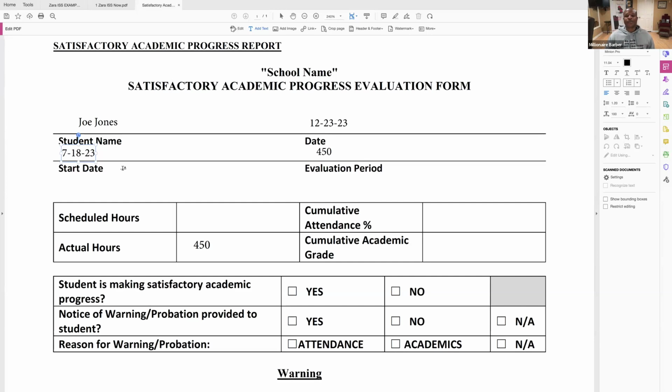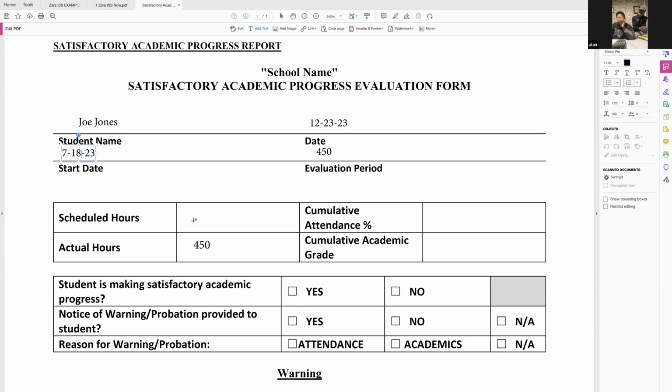But for 3 days, you were closed. In those 3 days, they're scheduled to do 6 hours per day. So that's minus 18 hours. So that's 660 minus the 18 hours that you were closed. That's 642 scheduled hours.